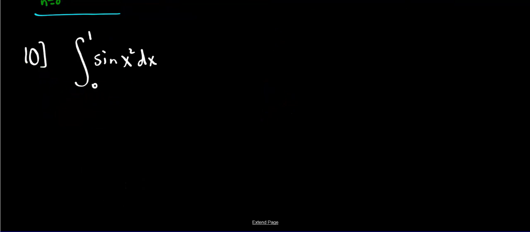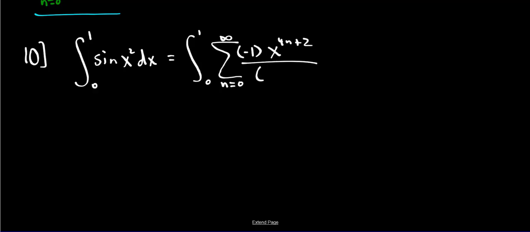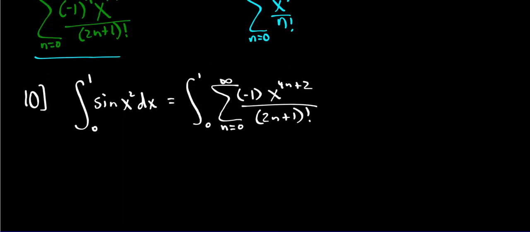Well, I don't know how to find the antiderivative of sine x squared. However, I do know that I could write it this way. This is the integral from 0 to 1 of this power series, n equals 0 to infinity, negative 1 to the n, x to the 4n plus 2 over 2n plus 1 factorial, dx.